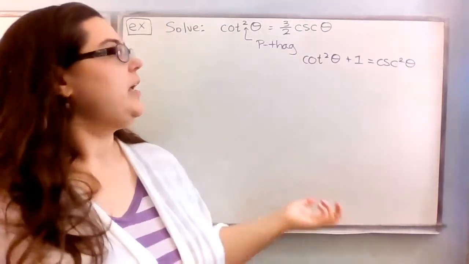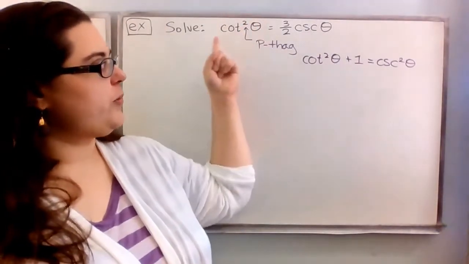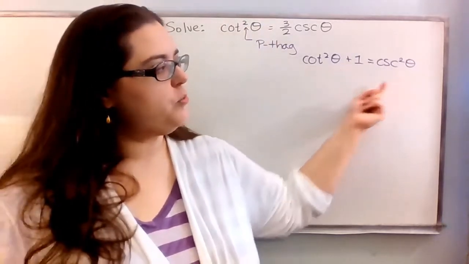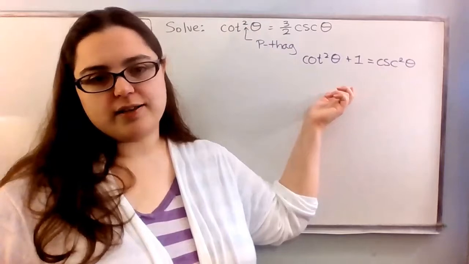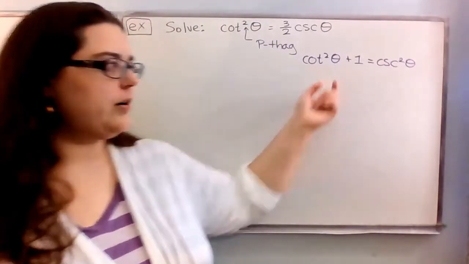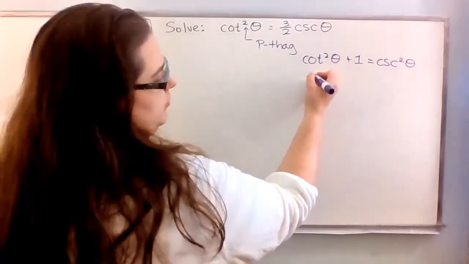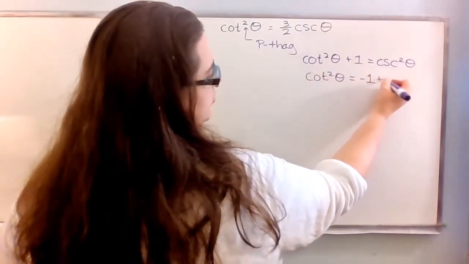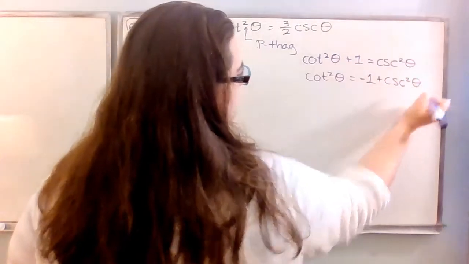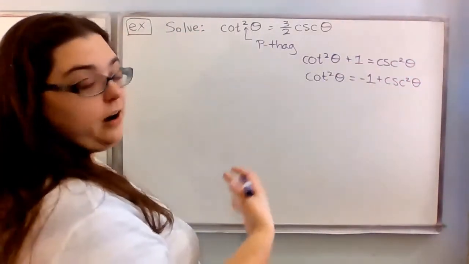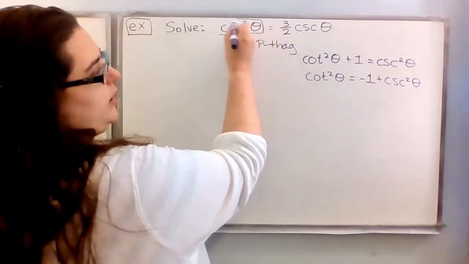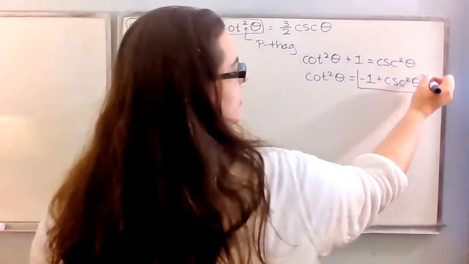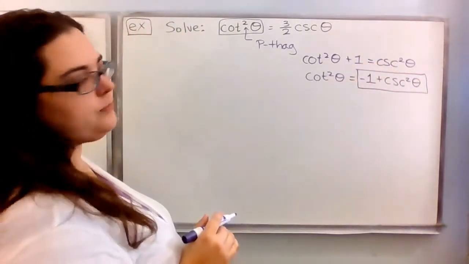The only problem is that I now need to replace cotangent squared theta with something. So I'm going to take this identity and subtract 1, and that will solve for cotangent squared. When I subtract 1, I get cotangent squared theta is equal to -1 plus cosecant squared theta. Now, where I had cotangent squared initially, I can replace that with -1 plus cosecant squared theta.